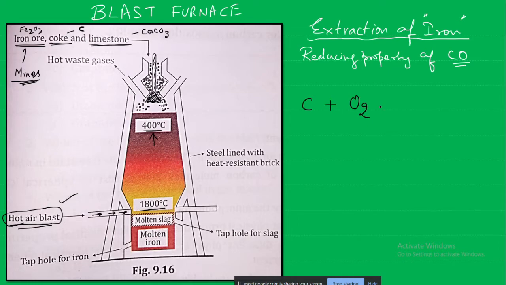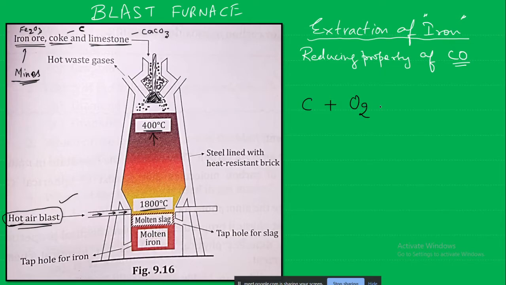Okay, this carbon monoxide we are using as the reducing agent to reduce the iron ore. It will convert into iron, and this carbon monoxide will get oxidized into carbon dioxide.